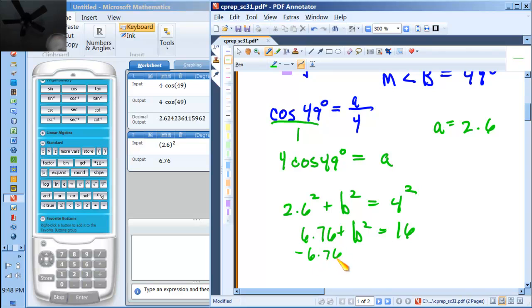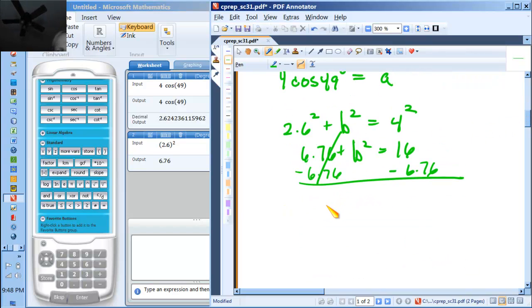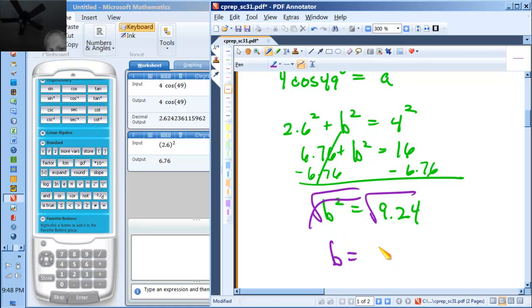So let me subtract 6.76, and I get b squared is equal to 9.24, and then I solve that by taking the square root of both sides of the equation, and I get b is the square root of 9.24.